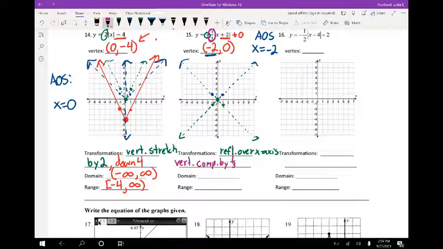So we can take the y values and multiply them by 1/3. We could also consider dividing them by 3 because that's the same thing. Or we can also use this as a slope of our both sides. So going down 1 and to the right 3. Because we still want to open down. We still want to have that reflection.